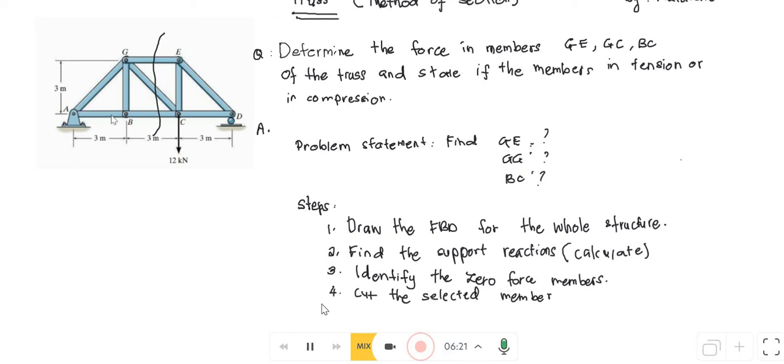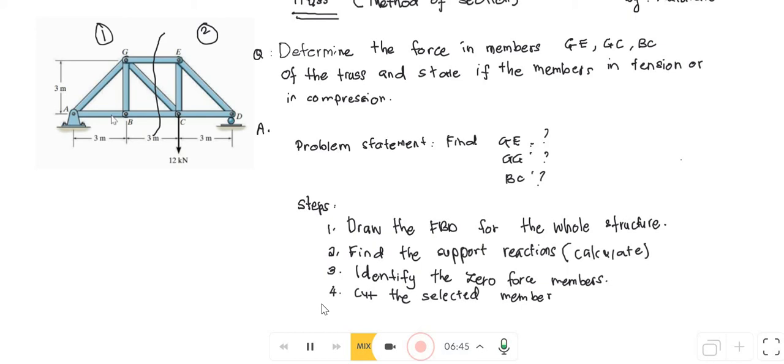After we cut, you can see that the truss is divided into 2 sections. So we can say this is the first section, and the other side will be the second section. Okay, so it's up to you if you want to choose section 1 or section 2 to do the analysis.